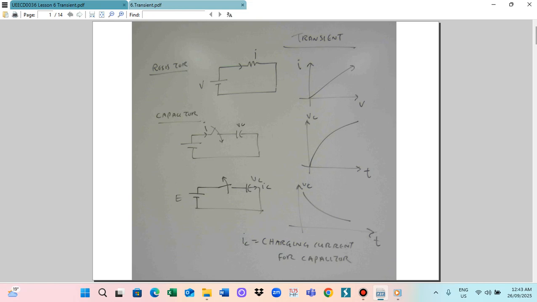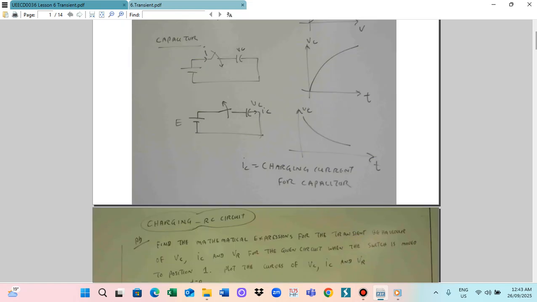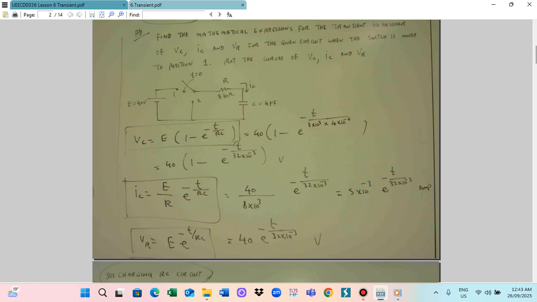You can calculate it from the supply voltage E, the resistor R, and the capacitor C. So the voltage is E, the resistor is R and the capacitor is C.